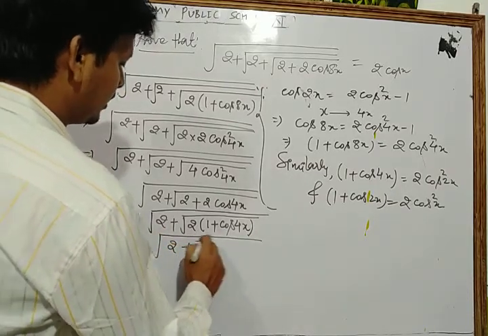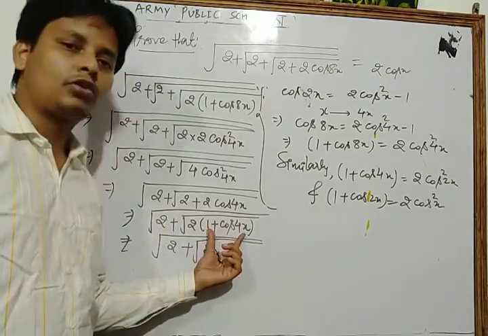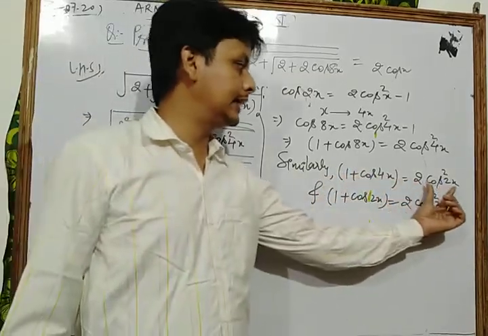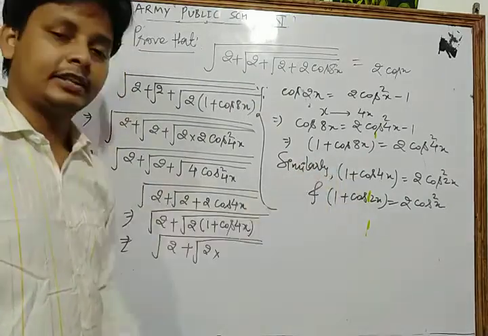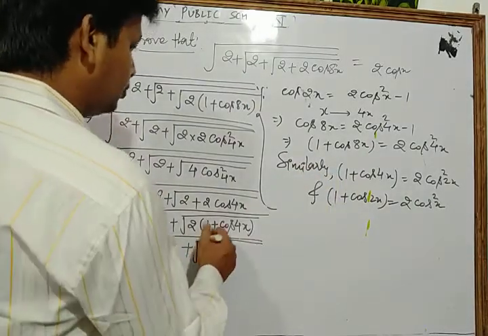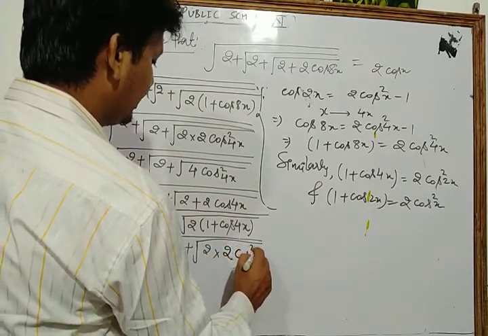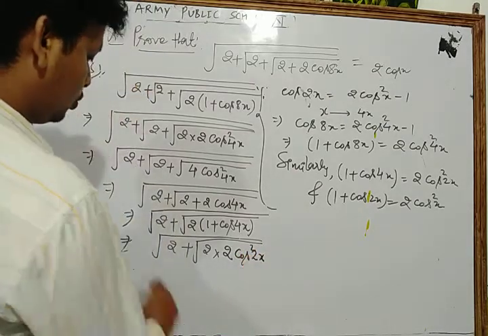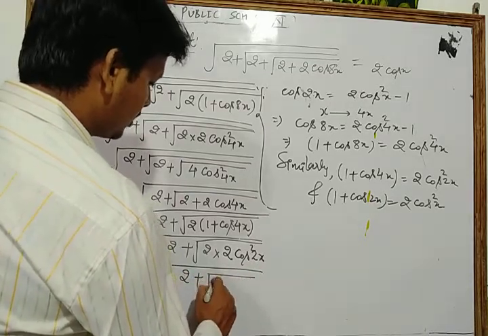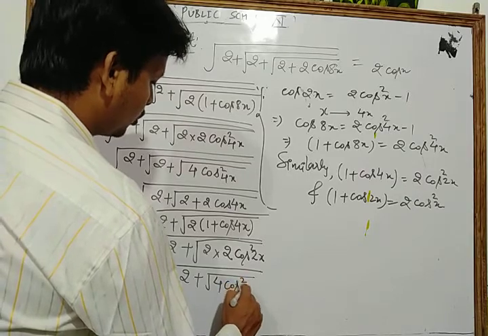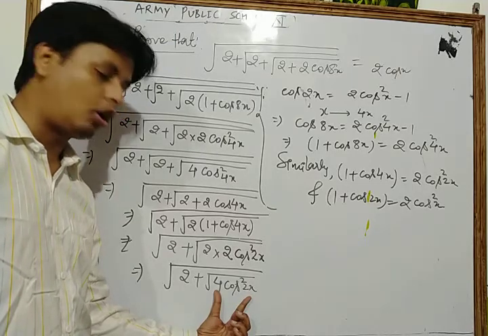We write 1 plus cos 4x as 2 cos square 2x. So what do we get? Under the root, 2 plus 2 to the 4 cos square 2x. This part is also common, so take out 2 cos 2x.